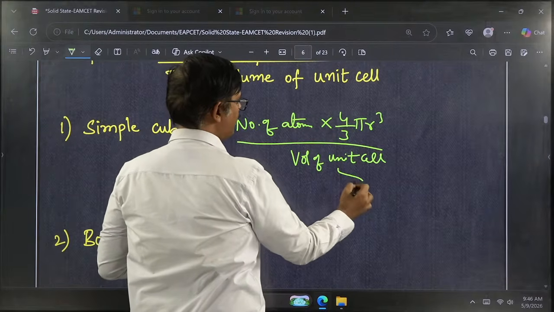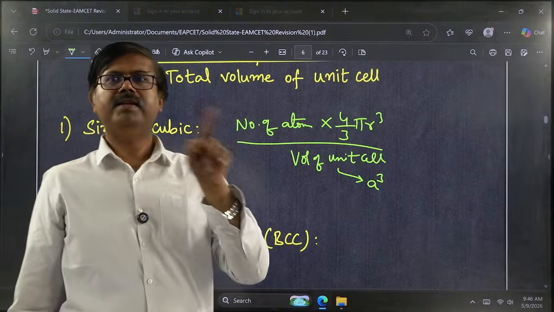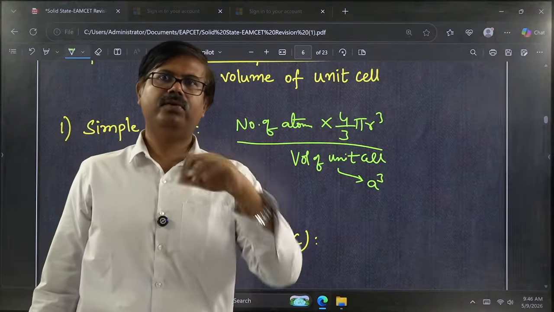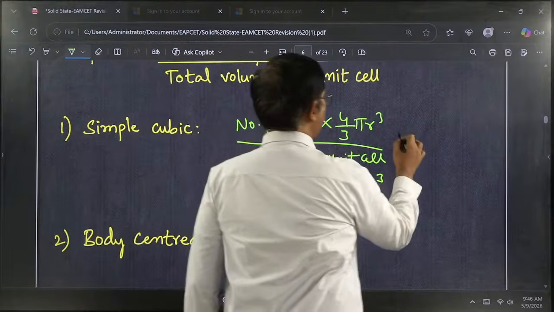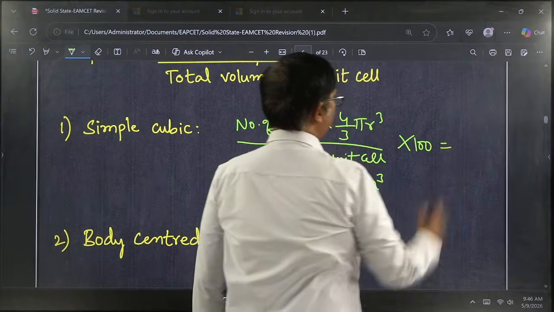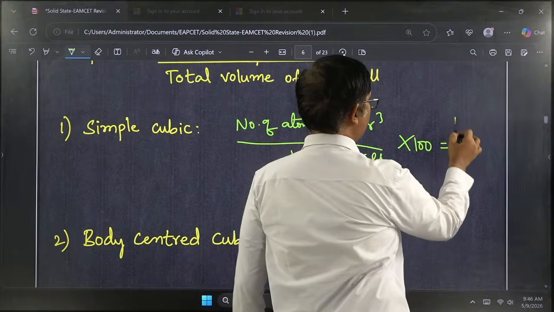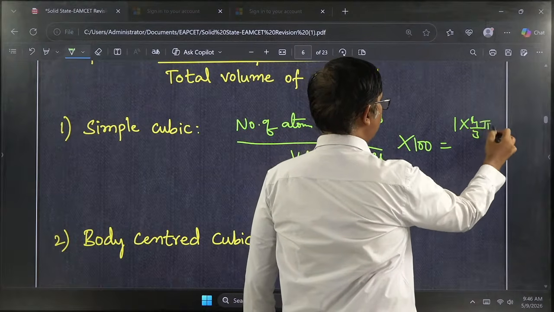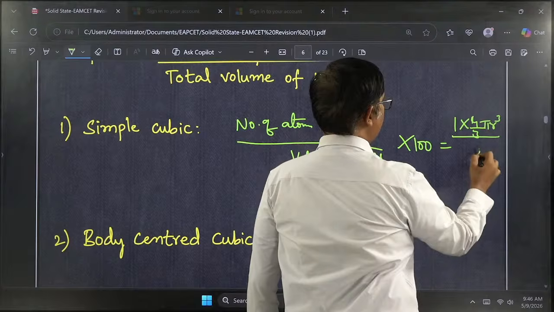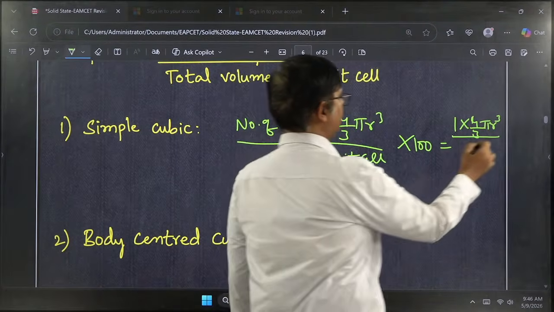In a cubic unit cell, the volume is a cube, because if a is the edge length of the cube, the volume of the cube is a cube. This into 100. Now, in simple cubic, how many atoms will be there? 1. So 4/3 pi r cube by a cube, into 100.